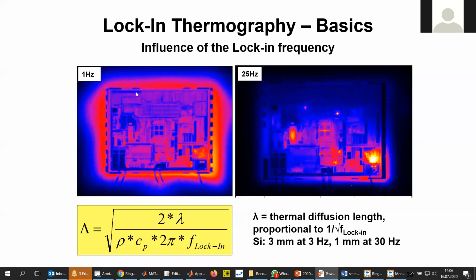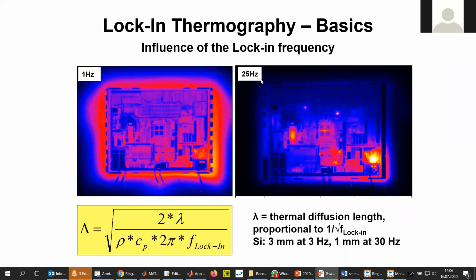So if we would inject or excite the sample at a low repetition rate, that allows the thermal signal to spread, and we would also inject way more energy than in cases where we have a higher frequency. Here, the injected energy is limited. It's much smaller than at lower frequencies.